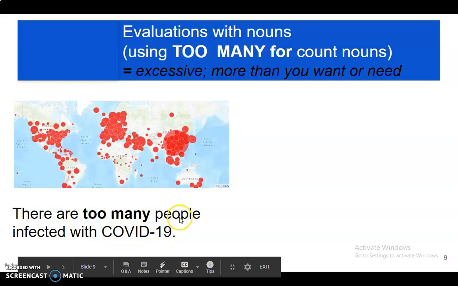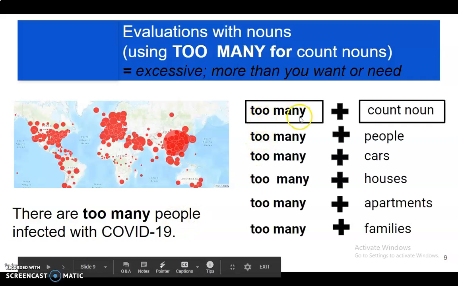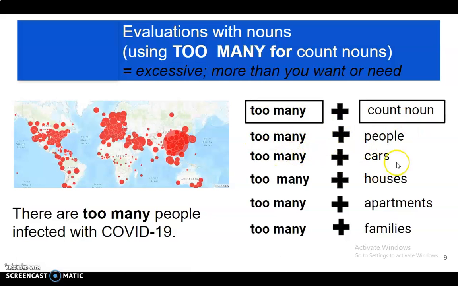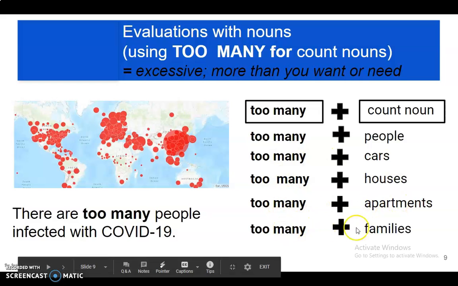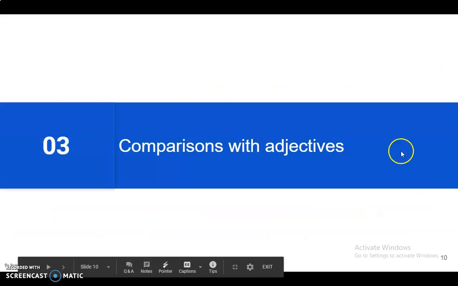The word people is the noun and is count. So we use too many with count nouns, like too many people, too many cars, too many houses, too many apartments, and too many families. Remember, too or too many means that something is excessive, more than you want or more than you need.